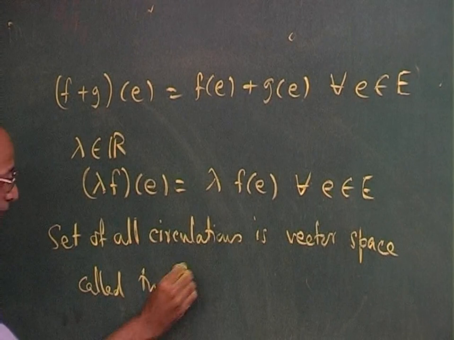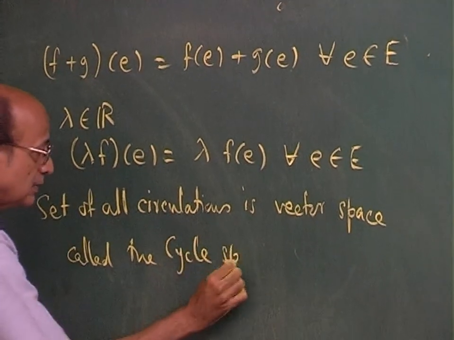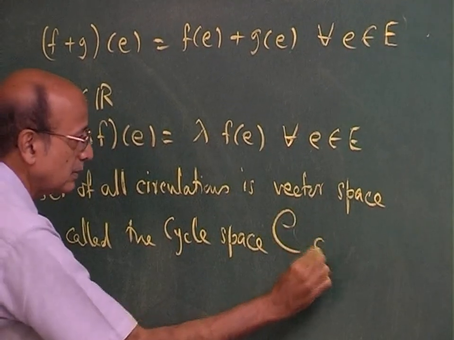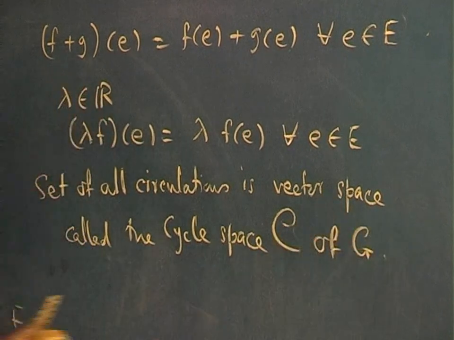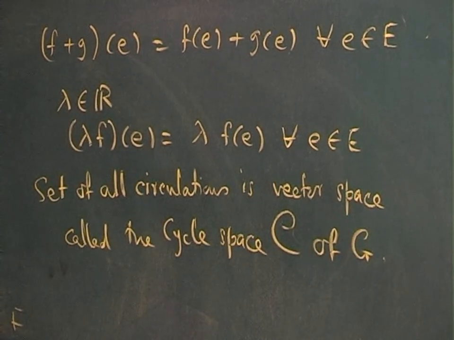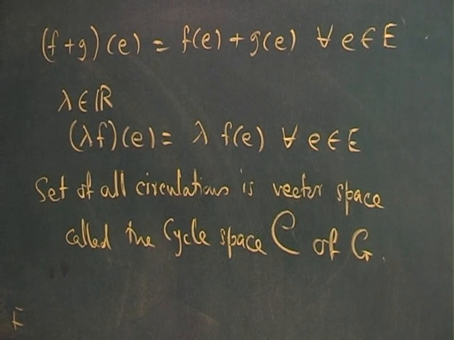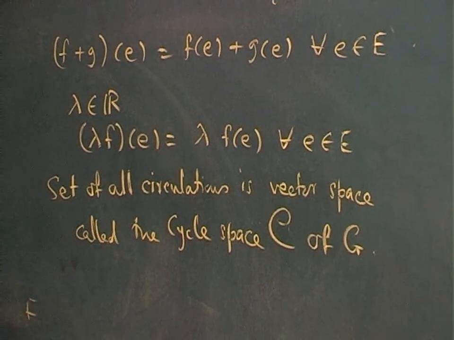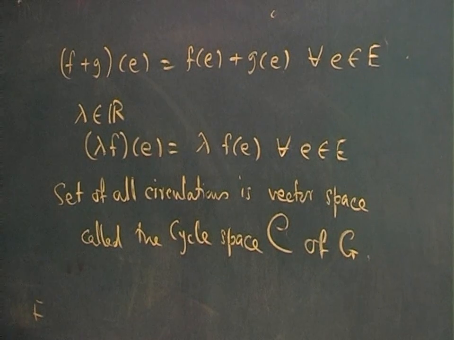The cycle space. What matters for us is the dimension of this cycle space, etc. So these are the linear algebraic parameters that we are going to look at.